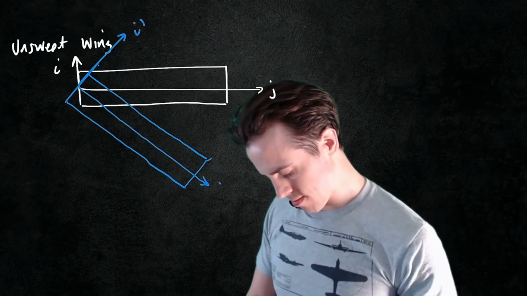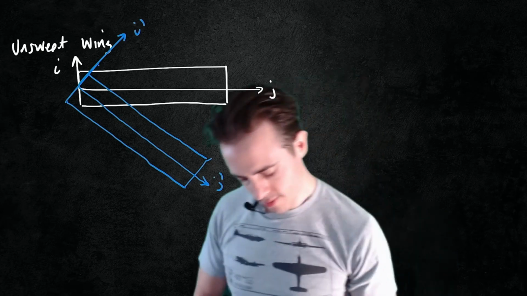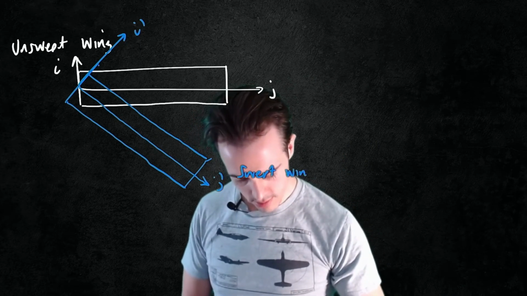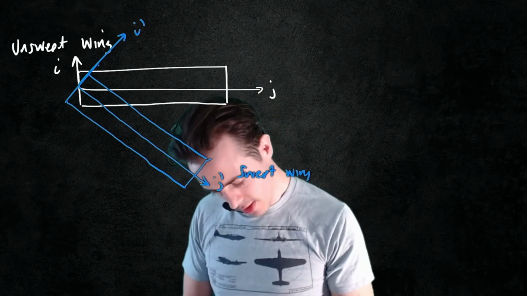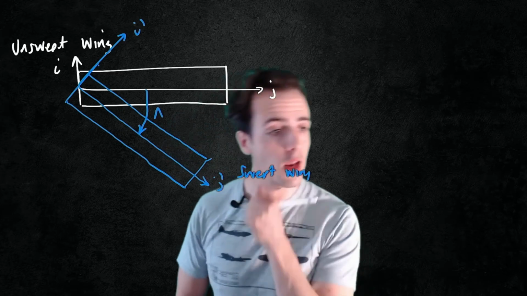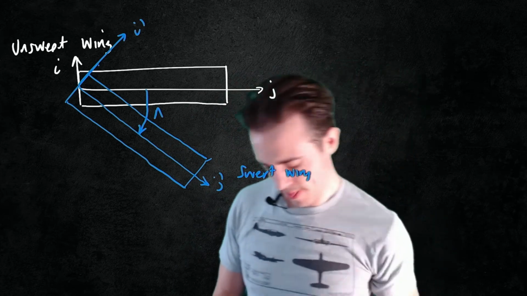I prime and J prime. And so this angle that we've got is lambda, which is my sweep angle.